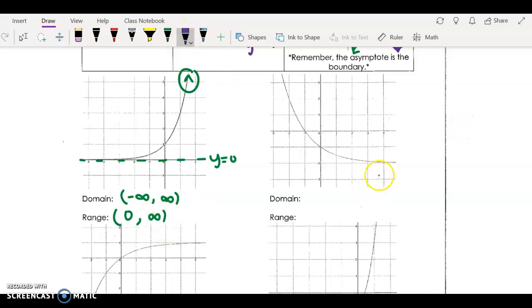The next example, I'm going to go ahead and draw my asymptote here at y equals negative 2. The domain, again, is going to be negative infinity to positive infinity, and the range, the bottom of this graph is at the asymptote with a value of negative 2, and the top of the graph points up to positive infinity.